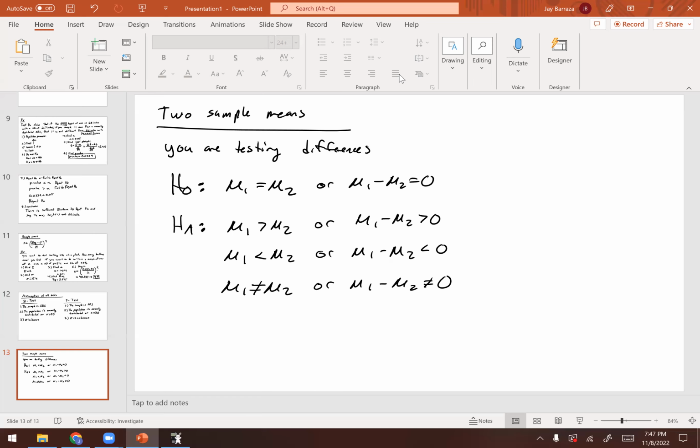You're testing differences, right? So if your confidence interval contains 0, there is no difference. Not significant.